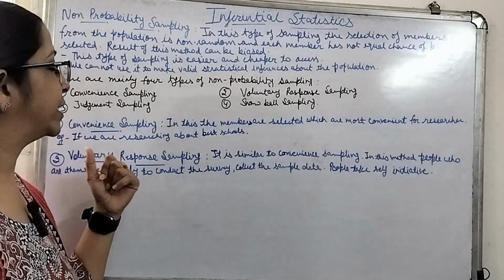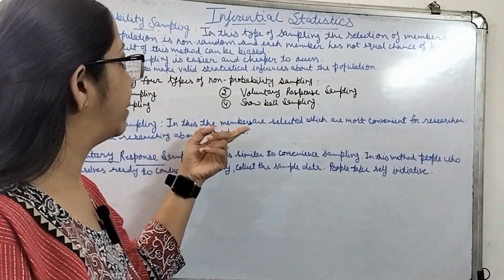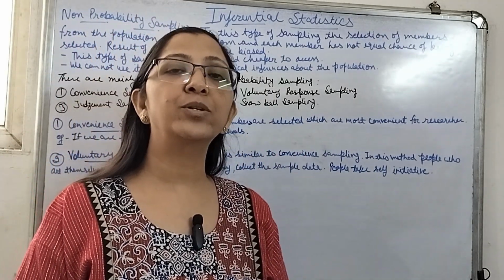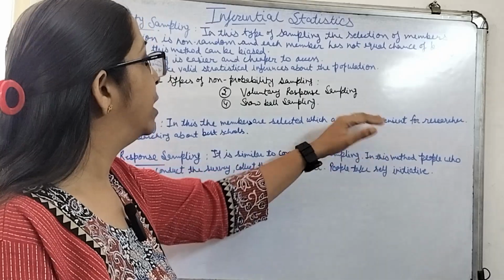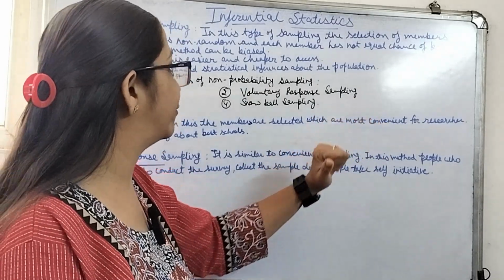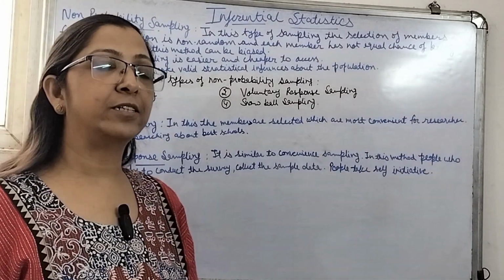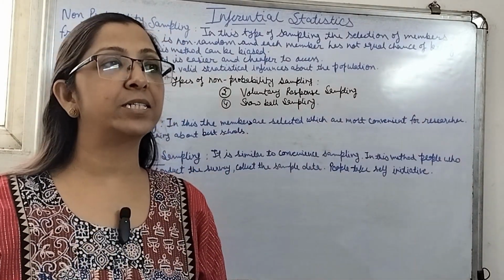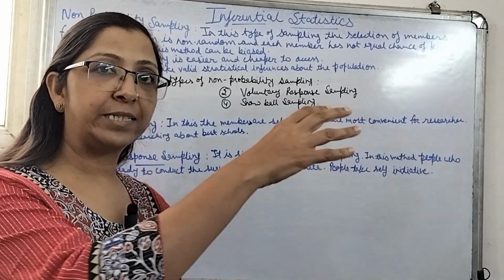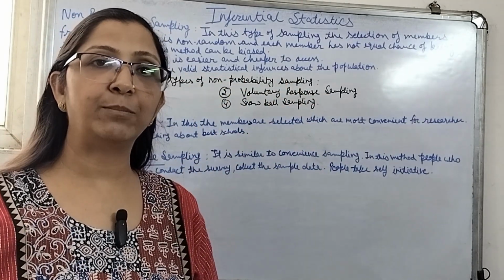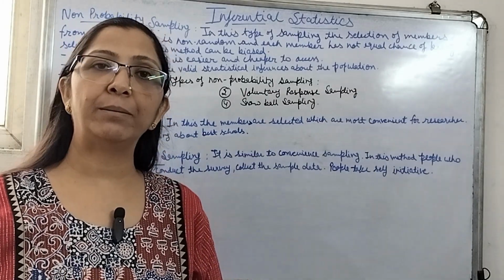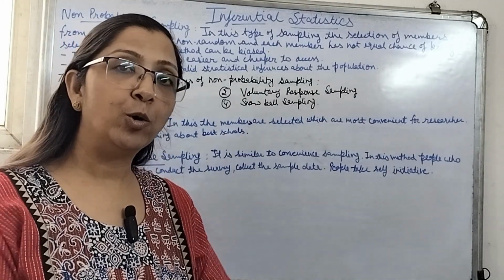First is convenience sampling. In this type, the members are selected as is most convenient for the researcher. Whoever is doing the research selects the persons who are most convenient. Like if we are researching which school is best in the nearby vicinity, or in a particular city, instead of selecting members randomly, we approach our friends and family members who are very easy to approach, who are nearby.